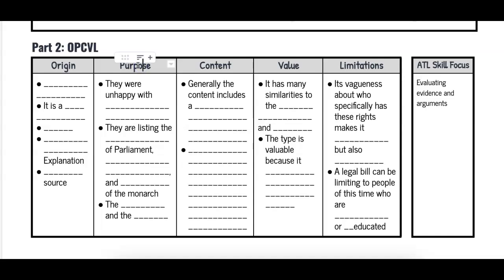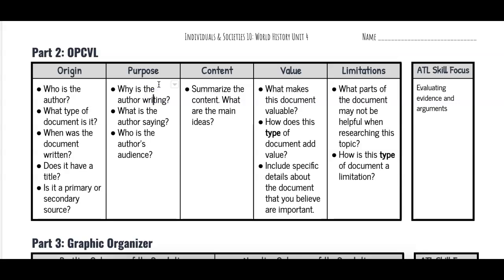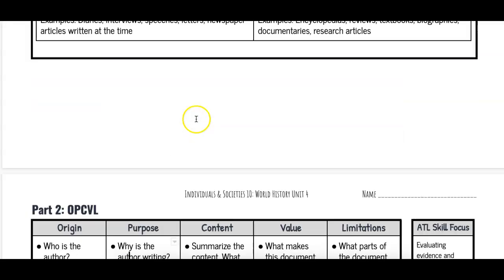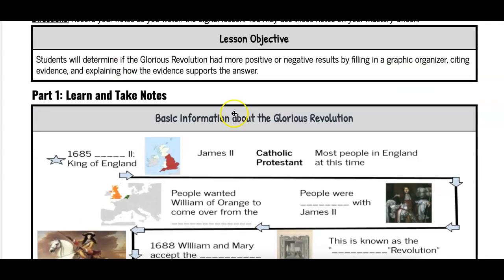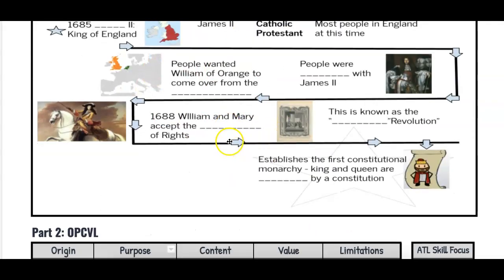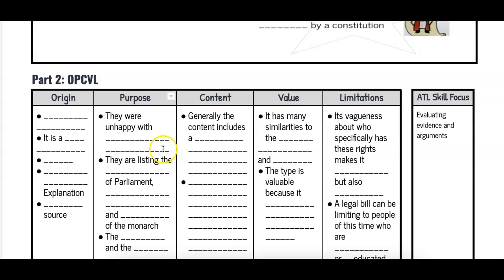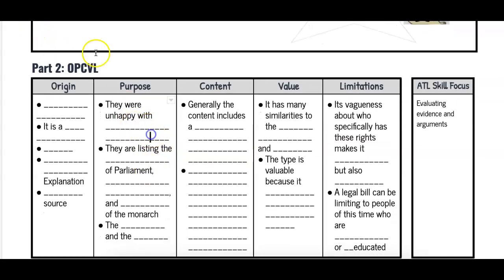Now let's discuss why it was written, or the purpose. The first question we need to answer is, why is the author writing? We'll make a couple of inferences here as well. Knowing what we know about the Glorious Revolution from our notes, in addition to the actual document, we know that they were really unhappy with abuses from the monarchs.